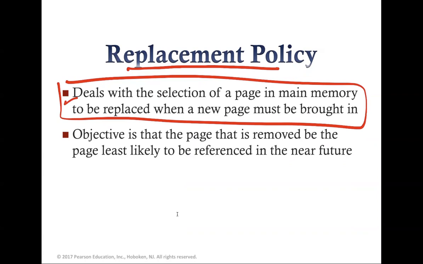All of the policies have the objective that the page that is removed should be the page least likely to be referenced in the near future. This is the main objective of different replacement policies. There is often a high correlation between recent referencing history and near future referencing patterns. Thus, most policies try to predict future behavior on the basis of past behavior.